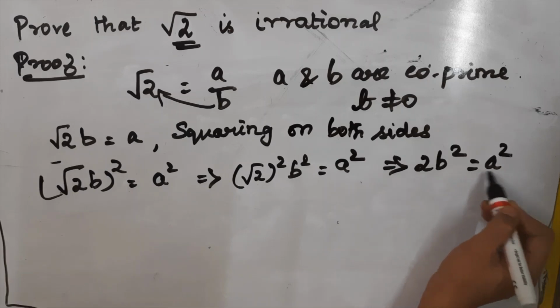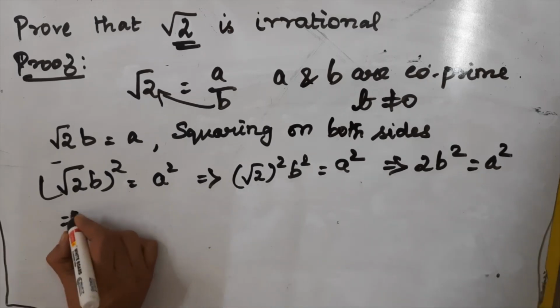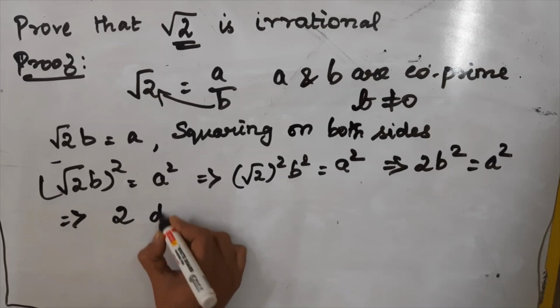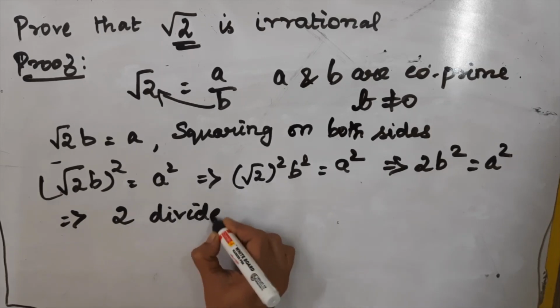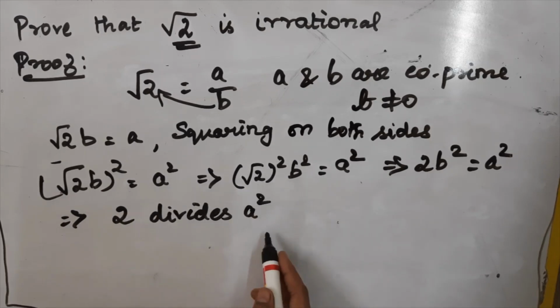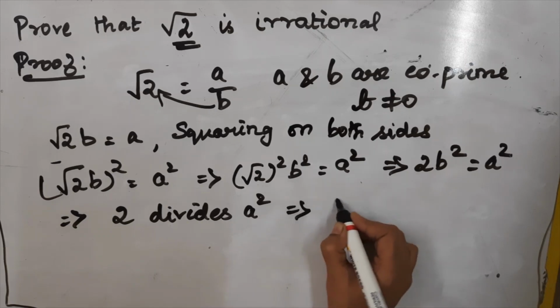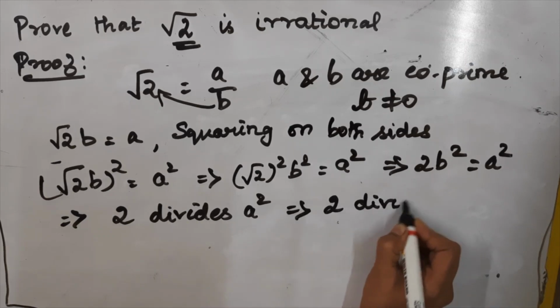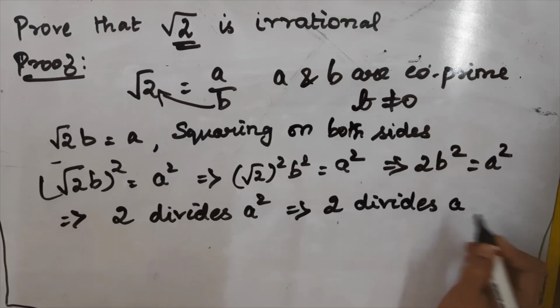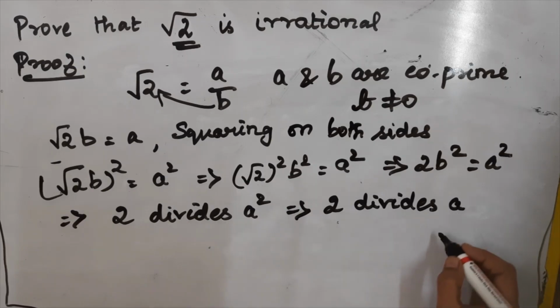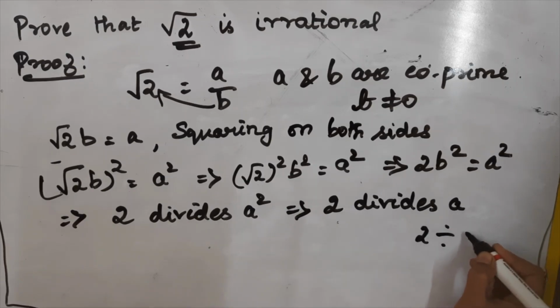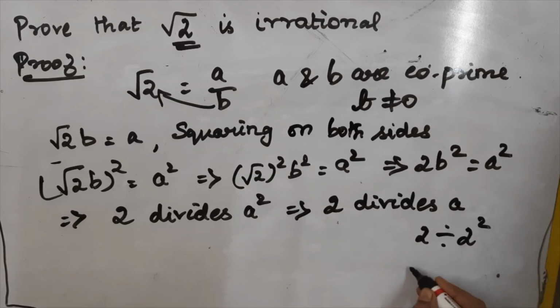So 2b square is equal to a square, which means that 2 divides a square. 2 divides a square, which automatically means 2 divides a. For example, 2 is dividing 2 square, which means 2 should definitely divide 2.